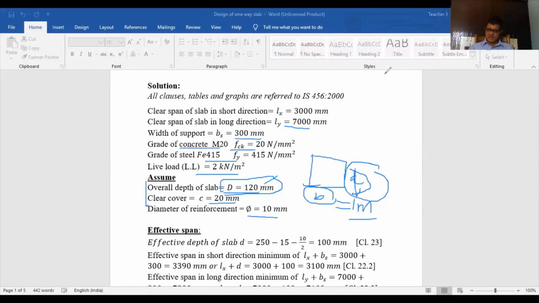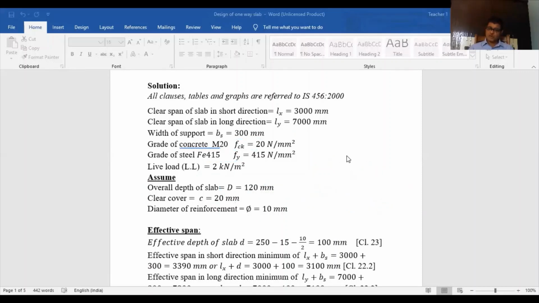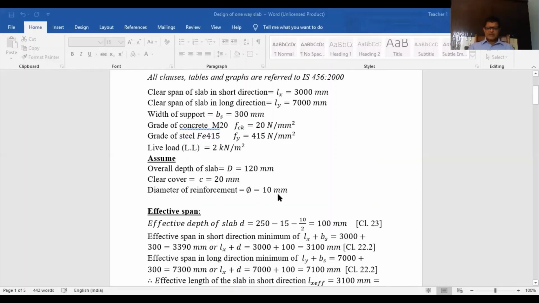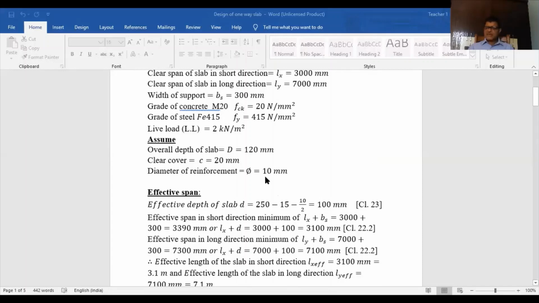But in case of bridge slabs or slab culverts, bar diameters of 25 mm or 30 mm are also used. Now the bar diameter is taken 10 millimeter, so you can check it against the code. We'll see later that the diameter is limited to 1/8 of the thickness. So for 120, 1/8 of 120 is 15 millimeter; you can't provide more than that. That is given in the code provision.